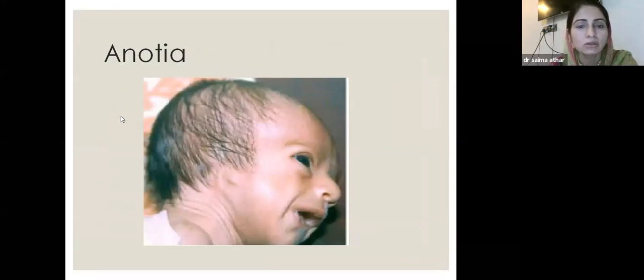For example, anotia. Anotia means there is absence of the external ear. Okay, absence of the pinna or auricle and the external auditory meatus, means there is defect in the formation of first pharyngeal cleft. Maybe there is defect in the formation of inner and middle ear as well. And see the micrognathia as well.